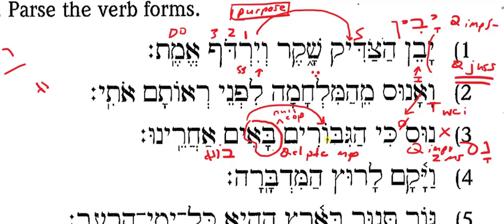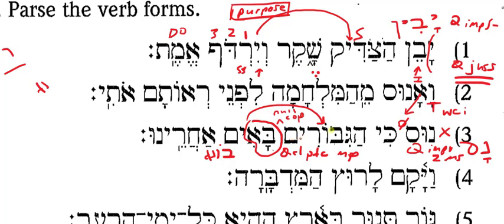Does it have to match the definiteness if it's a predicate use? No. The attributive participles do that. Okay? And so notice Hagiborim is definite, but ba'im is not. Predicate participles are never articular if they're truly functioning as predicate participles.